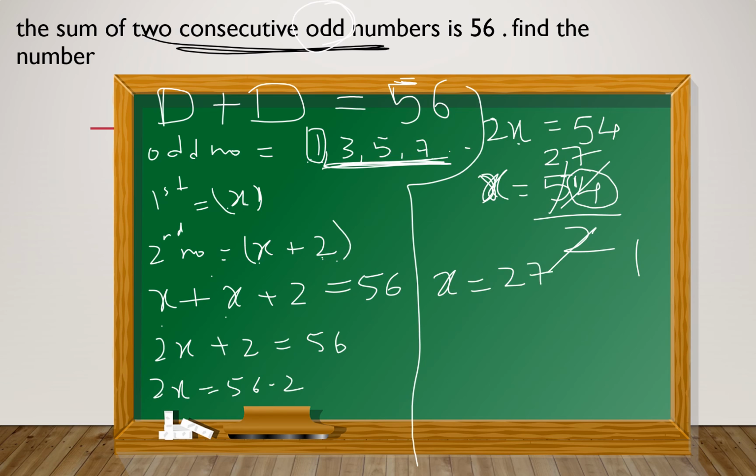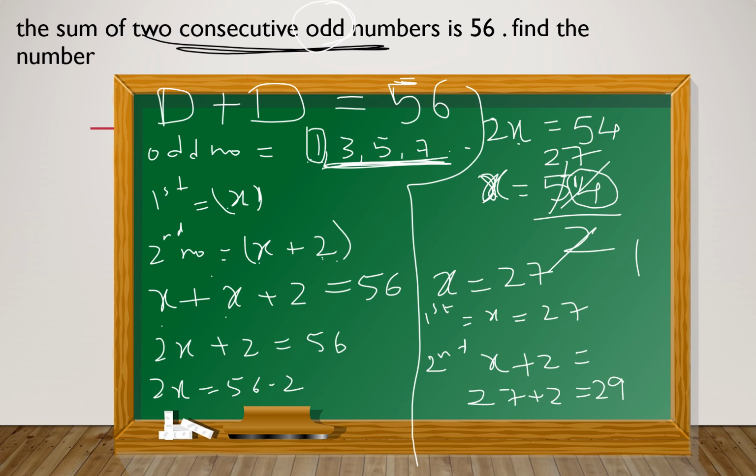This is the first odd number: 27 we got. And the second number is x plus 2, that means 27 plus 2: 27, 28, 29. So the second number is 29. So the sum of these two numbers is 56. Let's check whether we get 56.